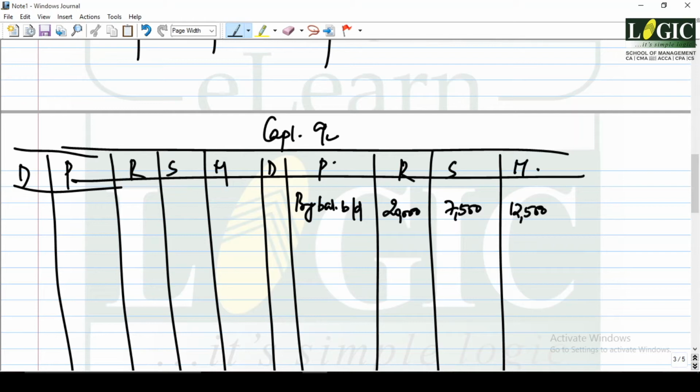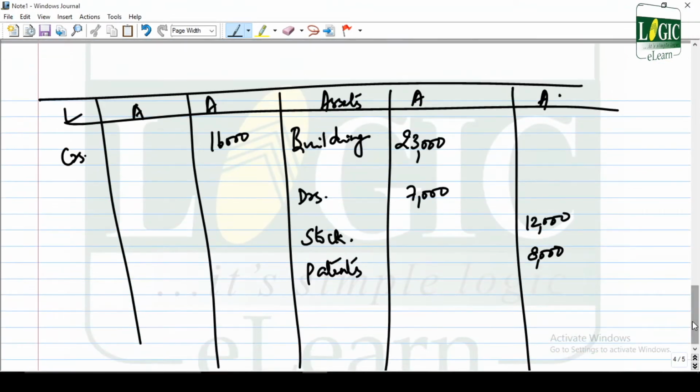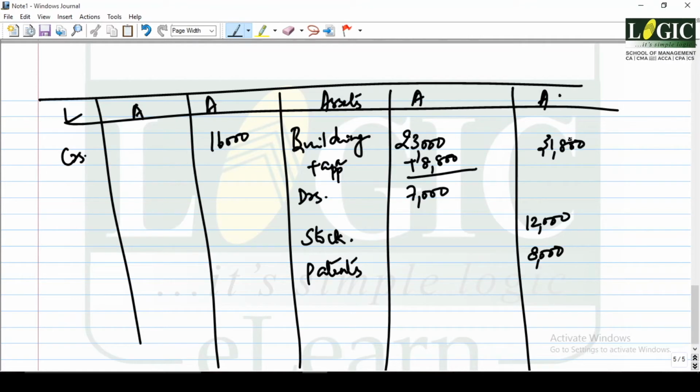Now coming to the adjustments, building to be appreciated by 8,800. We know that appreciation means increase in value. So add appreciation, add 8,800. So it will be 31,800. Now provision for doubtful debts to be made at 5% on debtors.